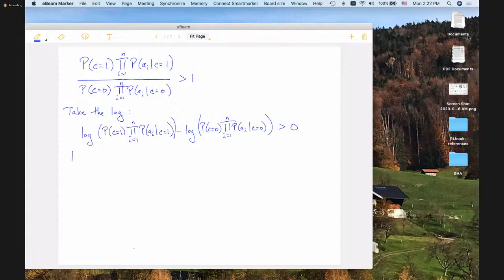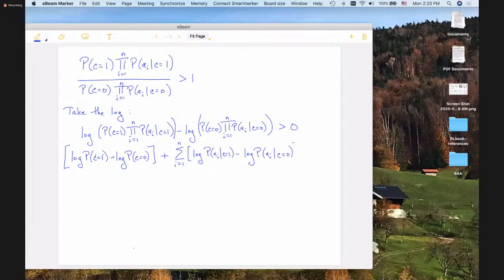But this turns into, I'll go ahead and block that off, plus this sum, again comparing to 0.